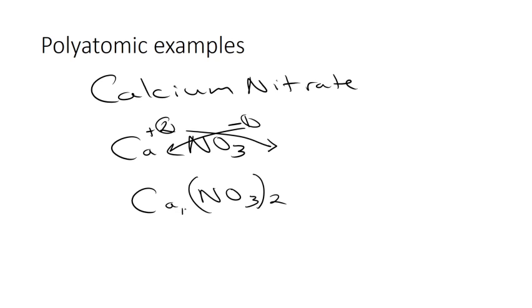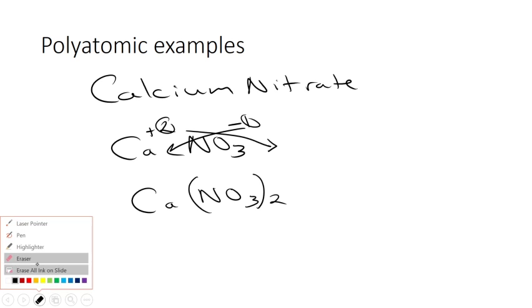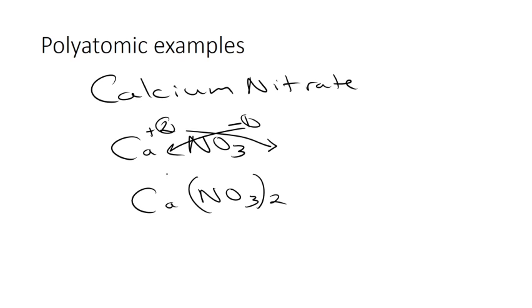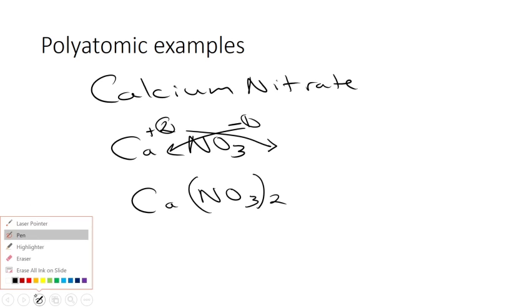Again, you don't need the 1. Get rid of that. And so there we go. Calcium nitrate, Ca(NO3)2. So you will have a list of polyatomic ions there. I will not ask you about ones that are not in there. So that's going from name to formula.